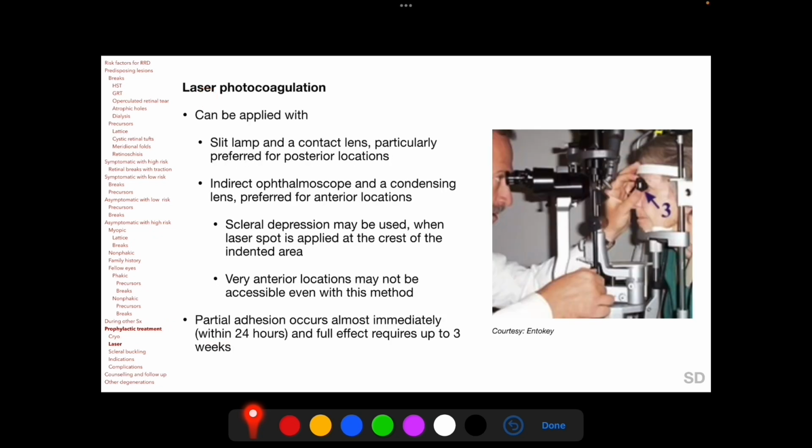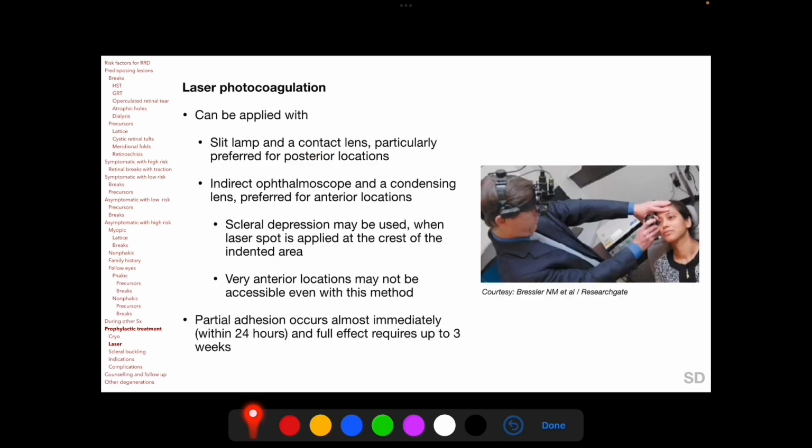Laser photocoagulation can be applied with a slit lamp and a contact lens, as seen here in this photograph, and this is particularly preferred for posterior locations of the retina, or with an indirect ophthalmoscope and a condensing lens, as seen here in this photograph, which is preferred for anterior locations. Along with the indirect ophthalmoscope, scleral depression may be used, and then the laser spot is applied at the crest of the indented area.